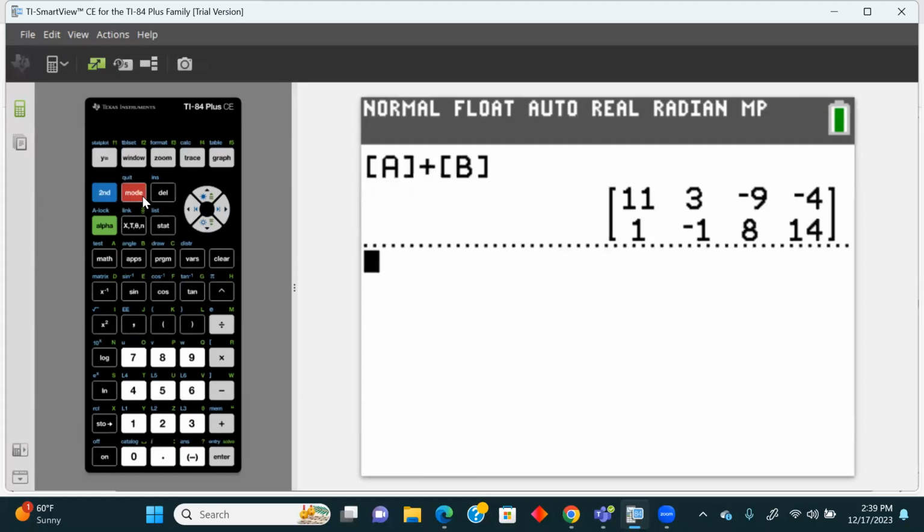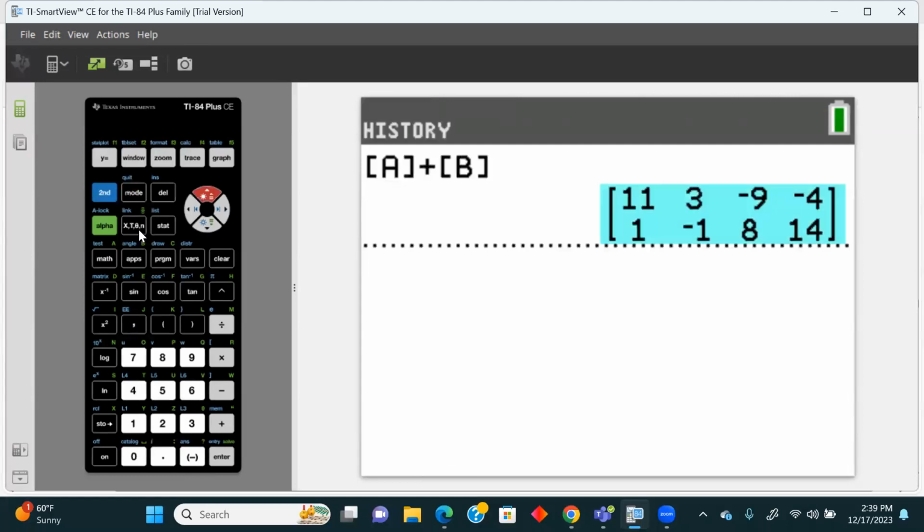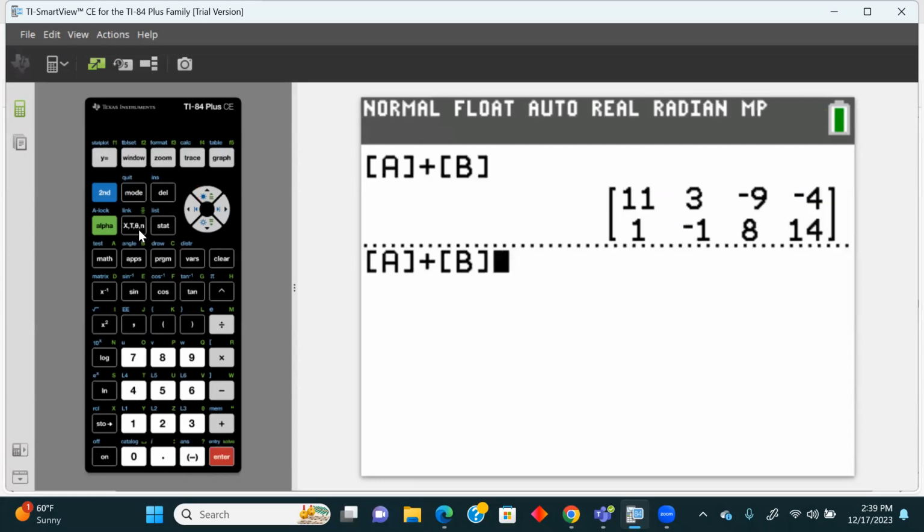Let's get out of here, and we're going to add these together. Again, if you want to just arrow up to it's highlighted, hit enter since we're adding A and B again. That is going to be the result of adding those two matrices together.